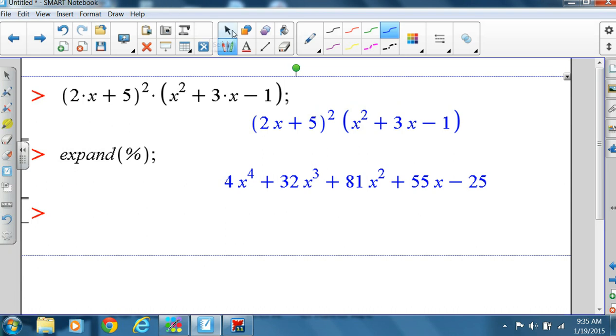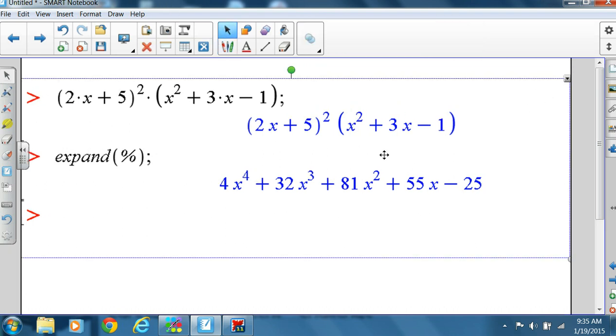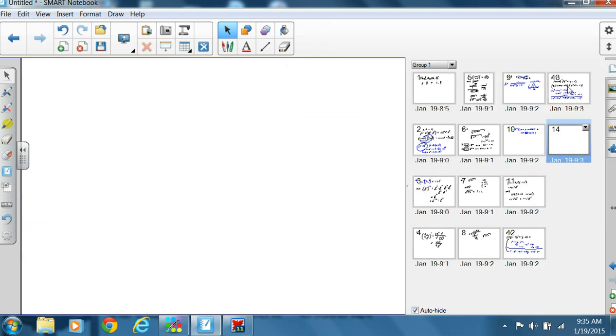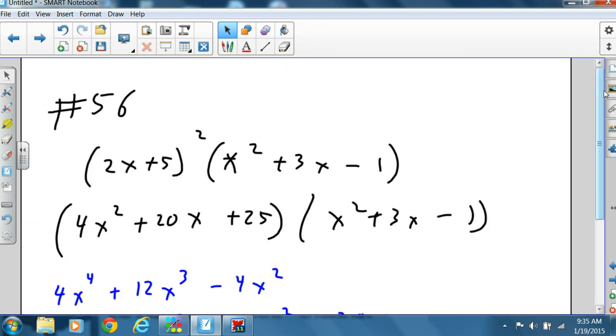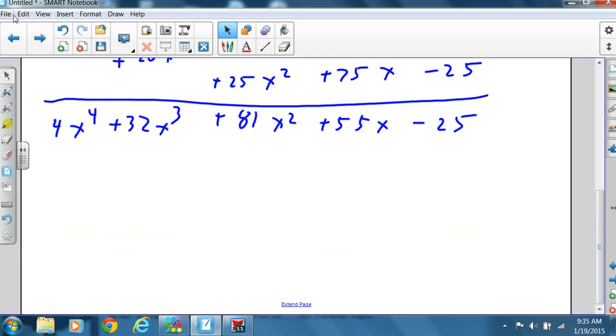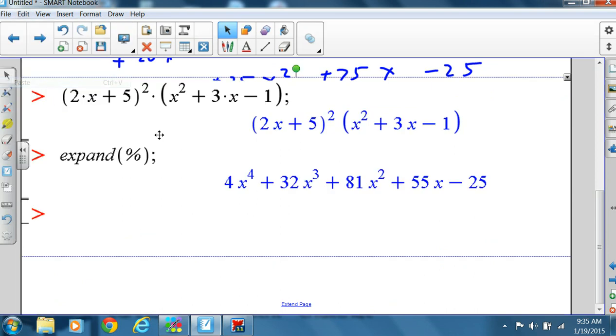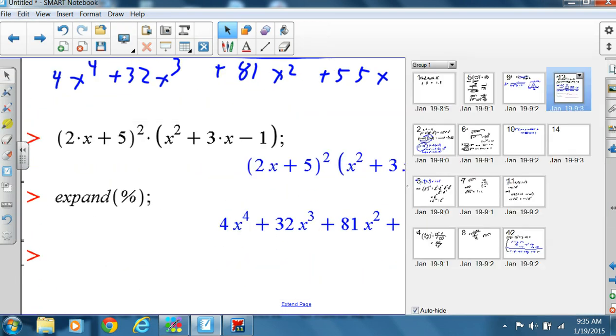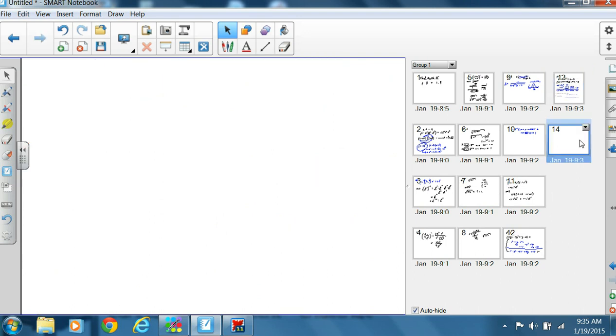So we'll go and cut that and paste it up here. All right, well, that's good. Next problem, 60. 60. All right.